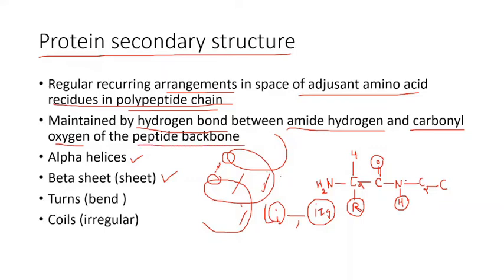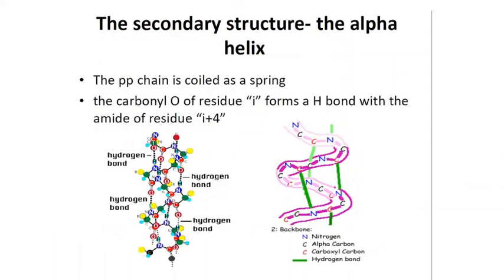Now how many different types of structure form in secondary structure? There are alpha helices, beta sheets, and turns, or bends. When proteins fold up or make bends, those bends or turns are also because of hydrogen bonds. Then there are irregular coils, we'll see them later. Just remember these four structures come up in secondary structure.